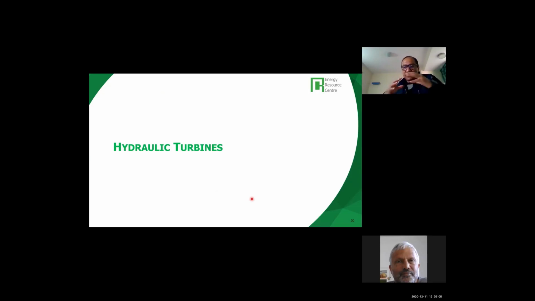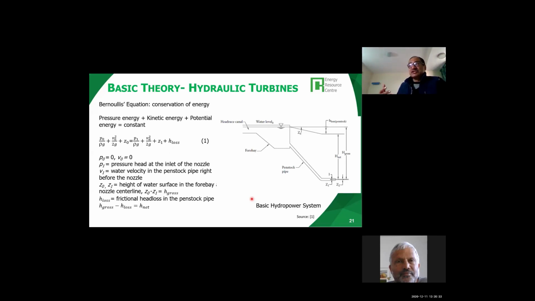The civil works are important: the headrace, the weir, the intake, the settling basin, the gravel trap, the headrace canal, headrace pipe, forebay, and penstock. But finally, the potential and kinetic energy has to be converted into mechanical and electrical energy, which is done through the hydraulic turbines.